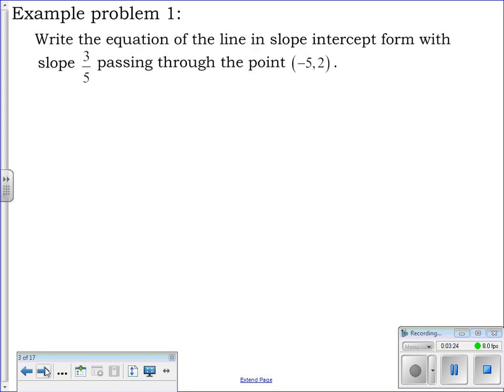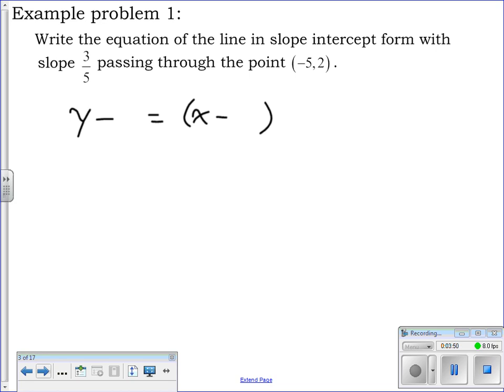Okay. So for example, write the equation of the line in slope-intercept form with a slope of 3/5 passing through the point -5, 2. So what I do is I always start with that. I always start with the point slope.